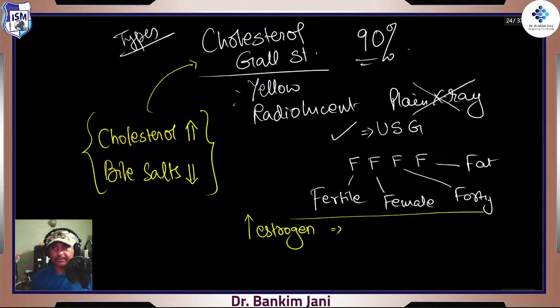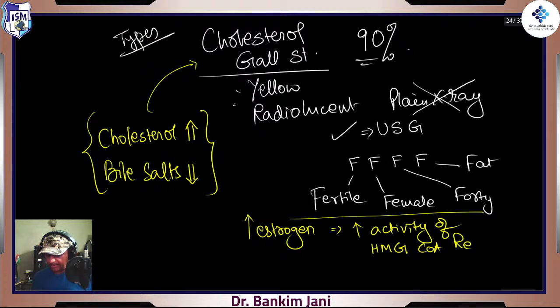When there is increased estrogen, there is an increase in the activity of a very specific enzyme, the hydroxymethylglutaryl, HMG coenzyme A reductase.